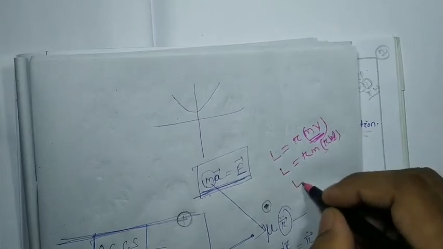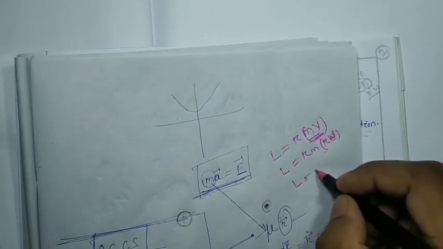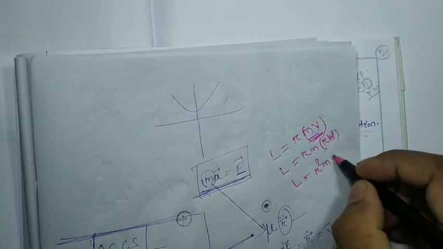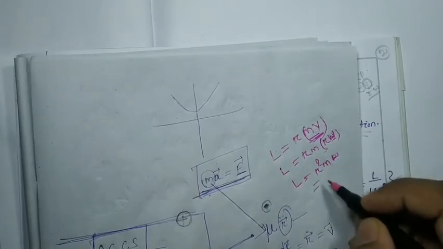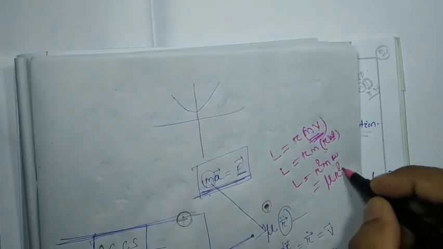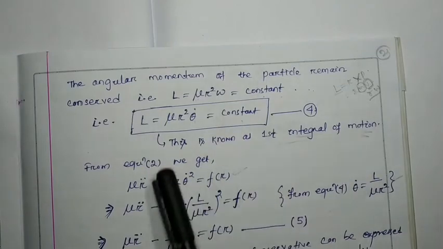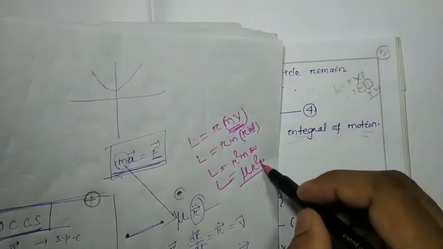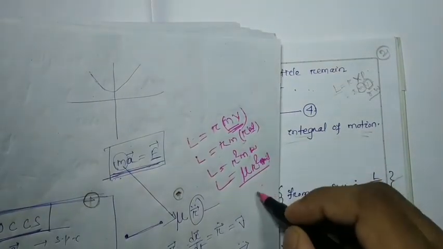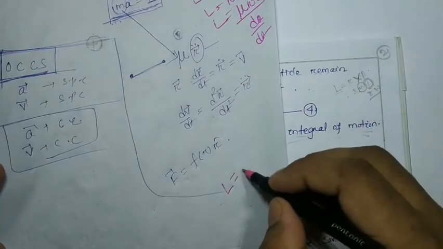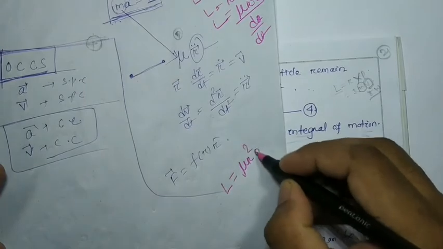So L will be equal to r square m omega, or instead of m we can write mu. Here omega is nothing but your angular velocity, that means d theta by dt. So L can be written as mu r square theta dot.